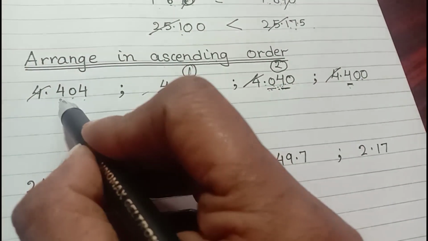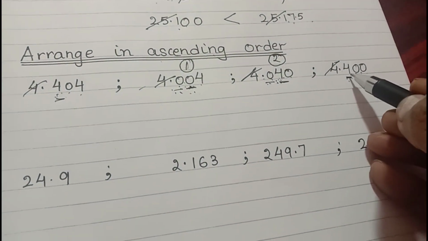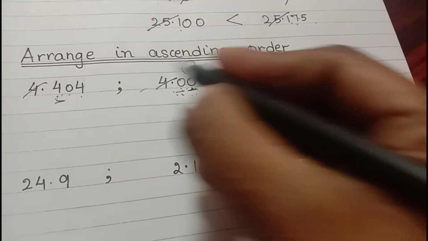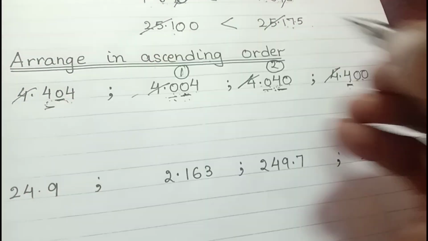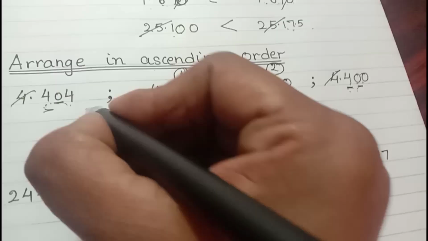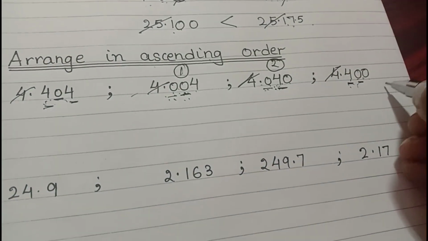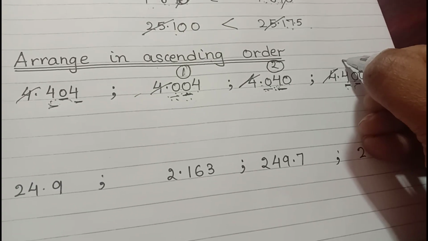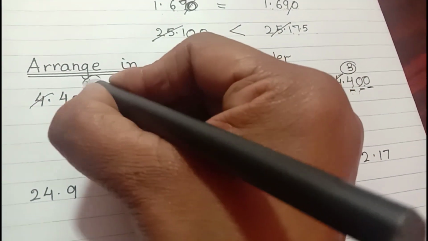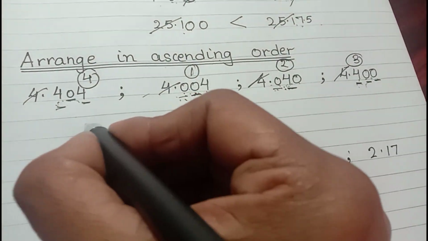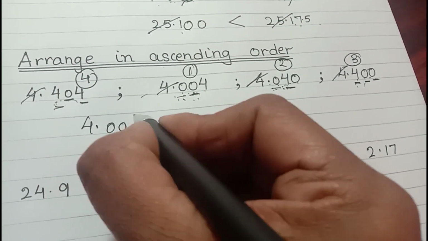Now we have these two where I have 4 in the first digit of the decimal part, then 0 in the second digit, and 4 in the third digit. Which one is smaller? 0 is smaller, so number 3 and number 4. So you will write in ascending order 4.004.